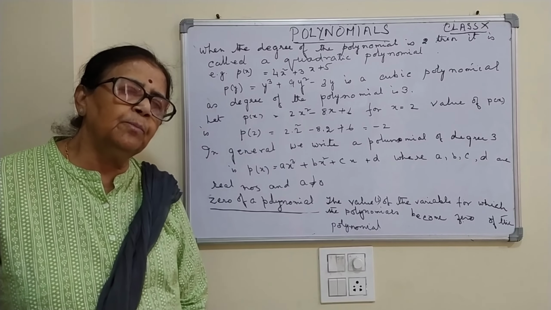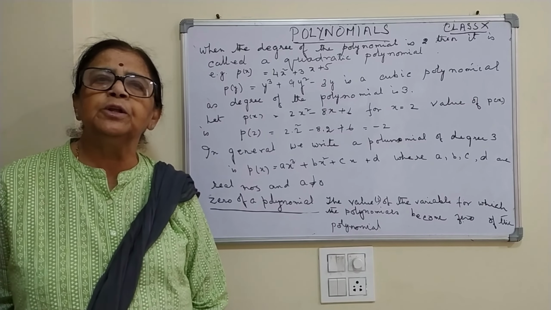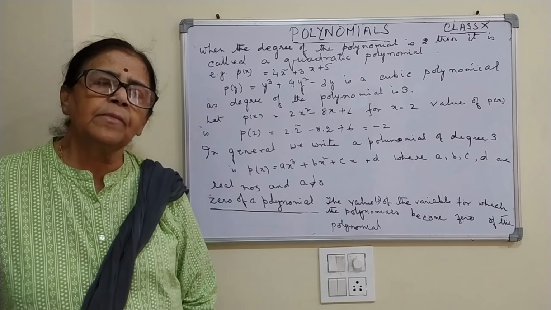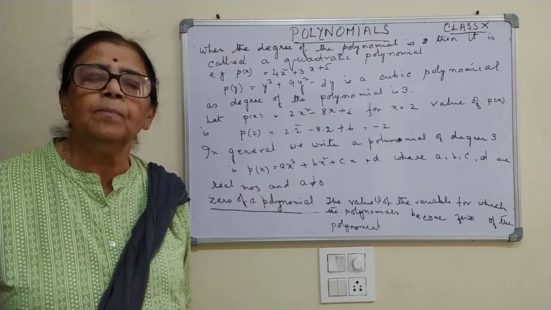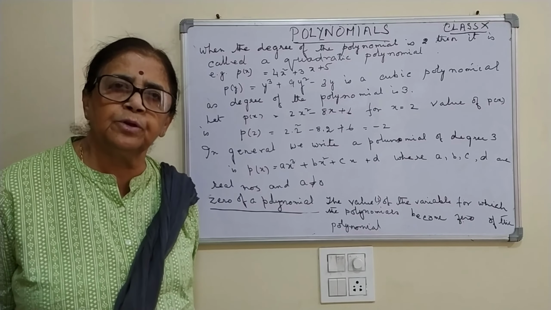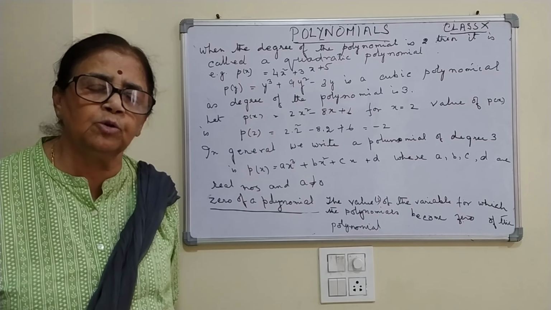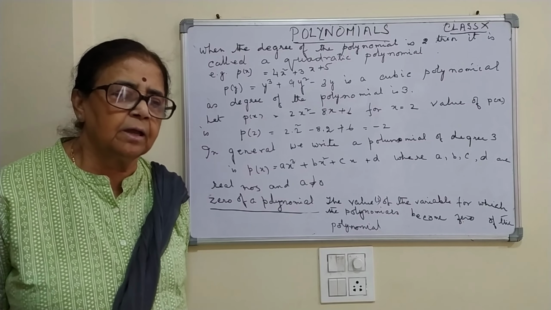What is the zero of the polynomial? That is 2x is equal to 0, x is equal to 0. So therefore 0 is the value of x.